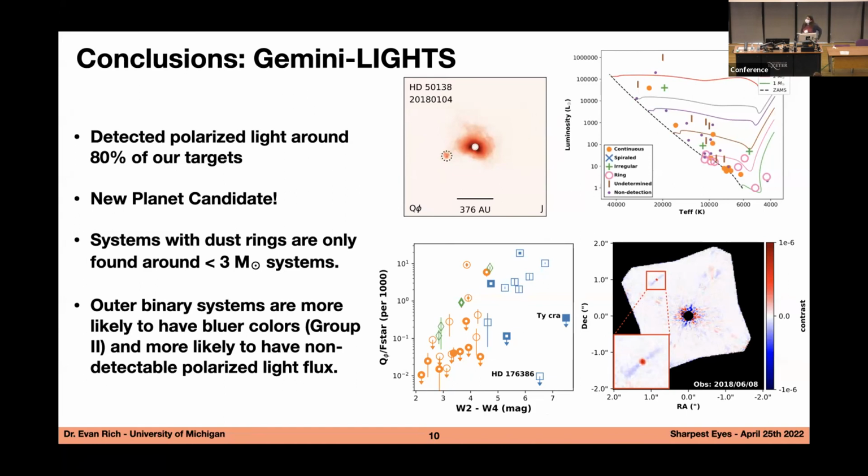Hi. Do you have plans to populate your HR diagram with another long-term program or something? Yeah, I think with Gemini, we don't have definitive plans right now, but what I'd like to do in the future is, the GPI instrument is being refurbished and will be mounted on Gemini North.